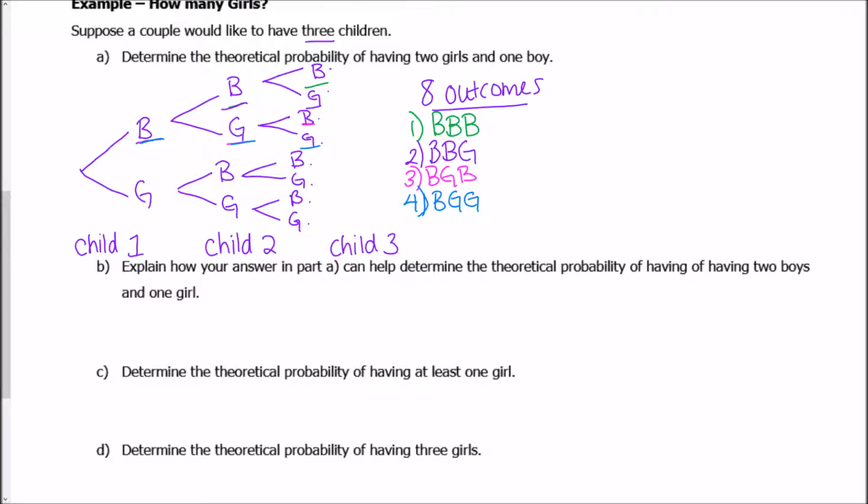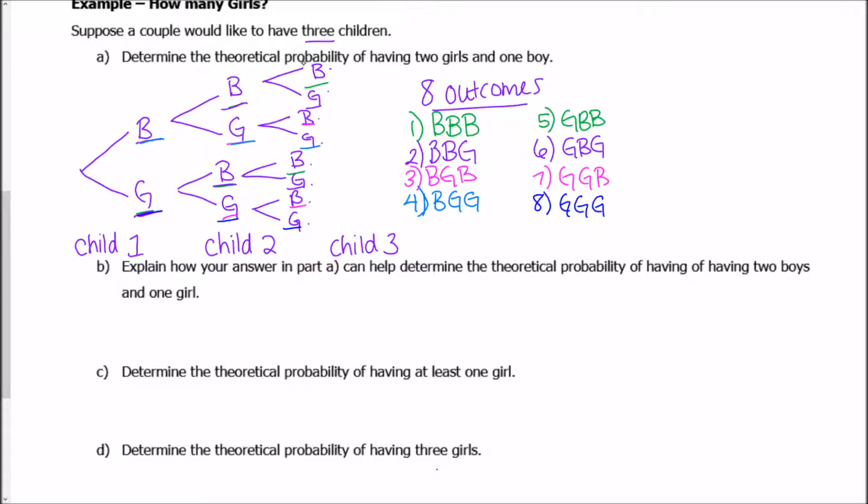We also can get, the couple can also get girl, boy, boy. They can get girl, boy, girl. They can also get girl, girl, boy. Or they could get girl, girl, girl.